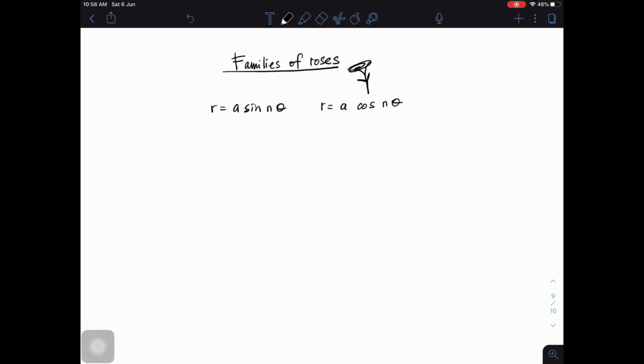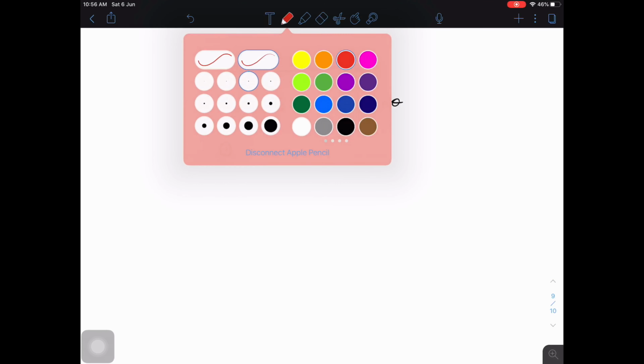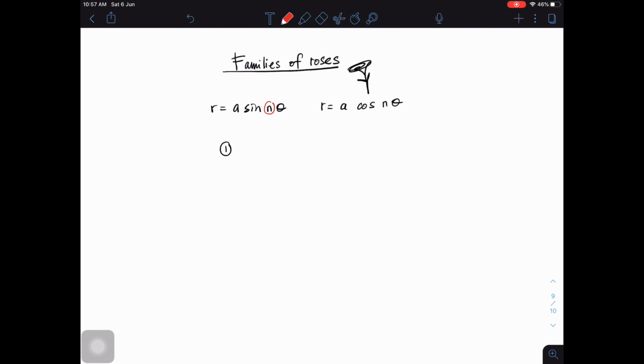So the first step, you need to know that the petals of your roses depend on the value of n. The number of petals of your roses depends on the value of n.